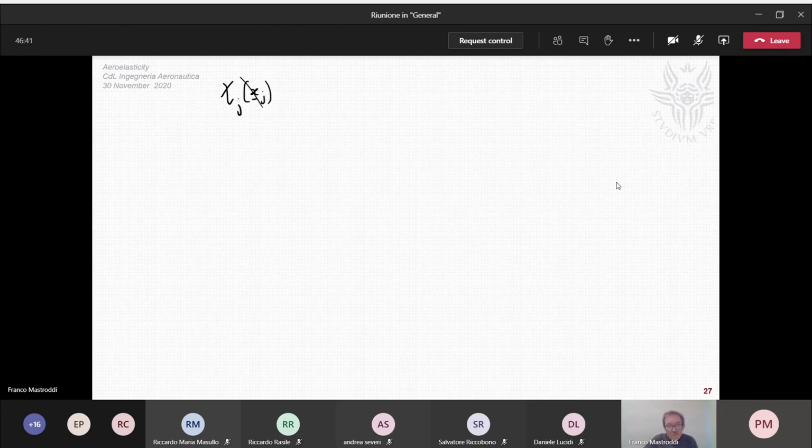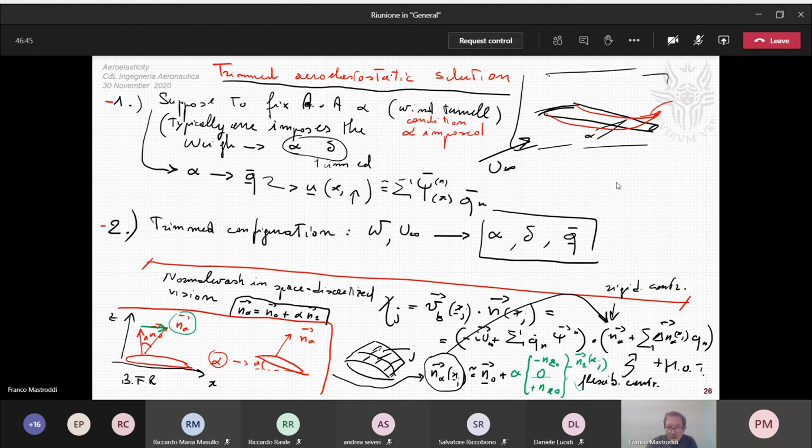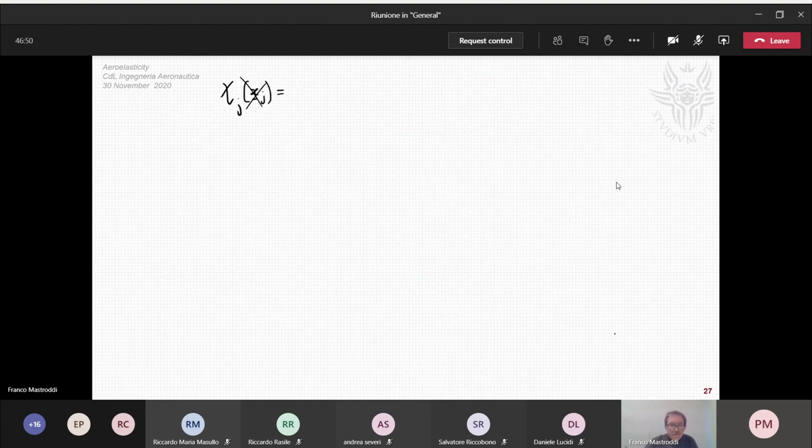So I want to avoid this notation, and so we have to take the product between this by this, and so we have minus I dot n0 u infinite, and then we have minus alpha I dot n1 u infinite.